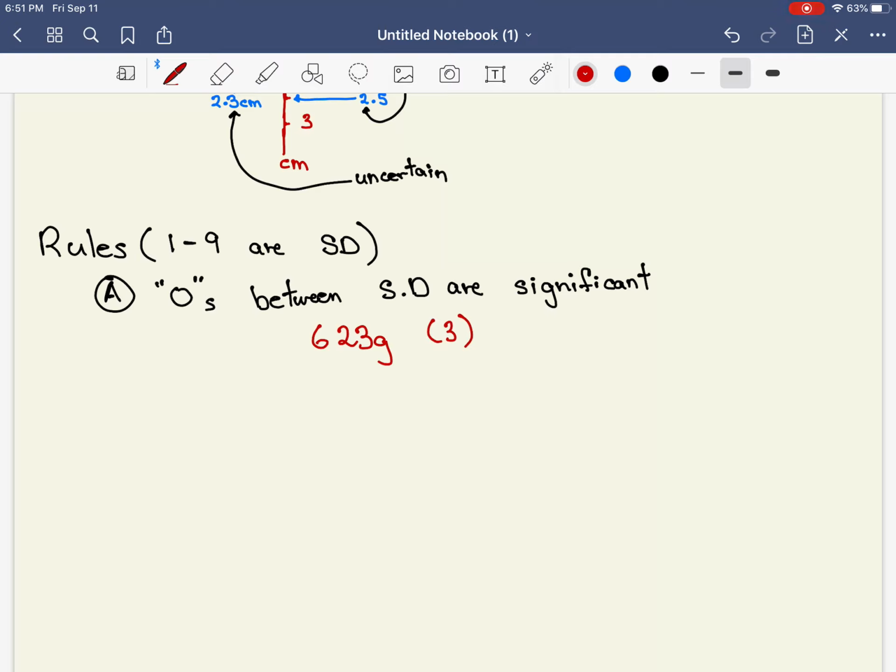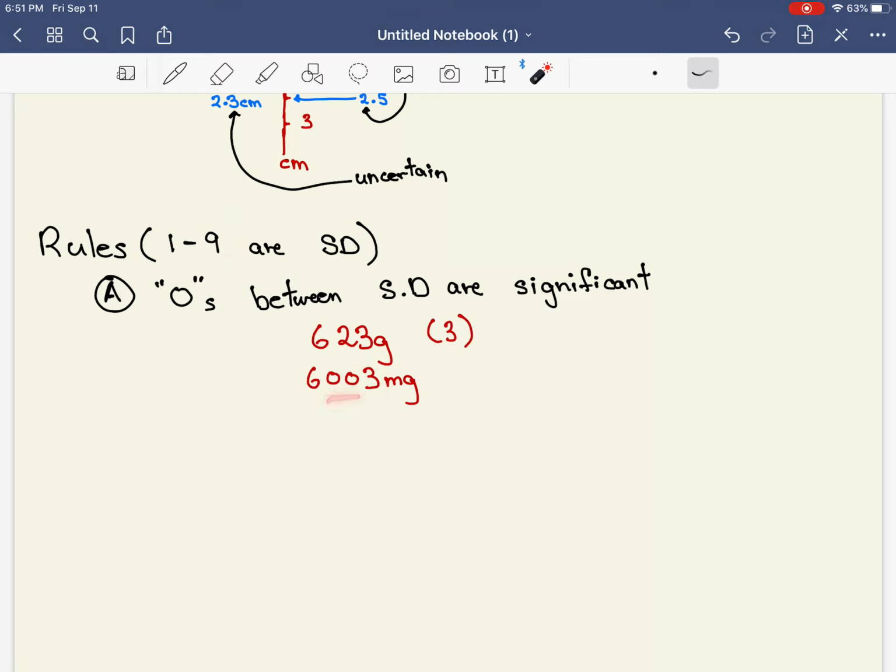All right, let's take a look at another example. This one will have zeros in it. So 6,003, let's say milligrams. How many significant digits are there? Is this 6 significant? Yeah, it's always going to be. Is this 3 significant? Certainly.